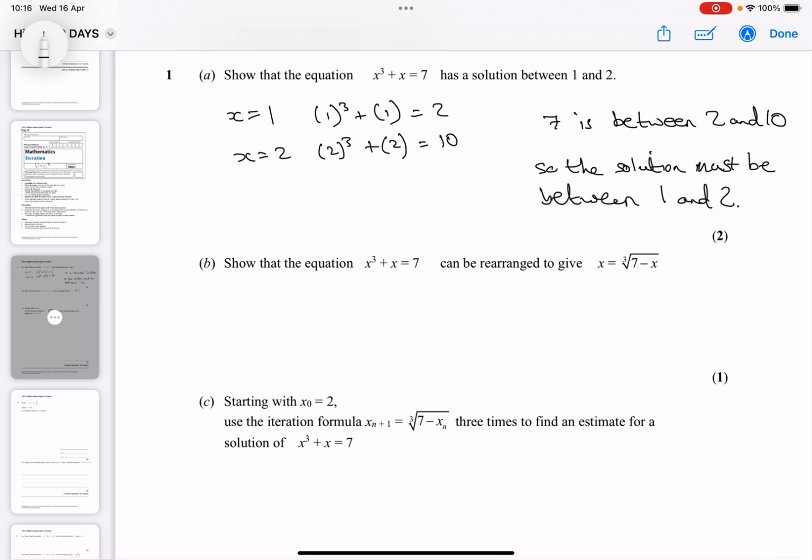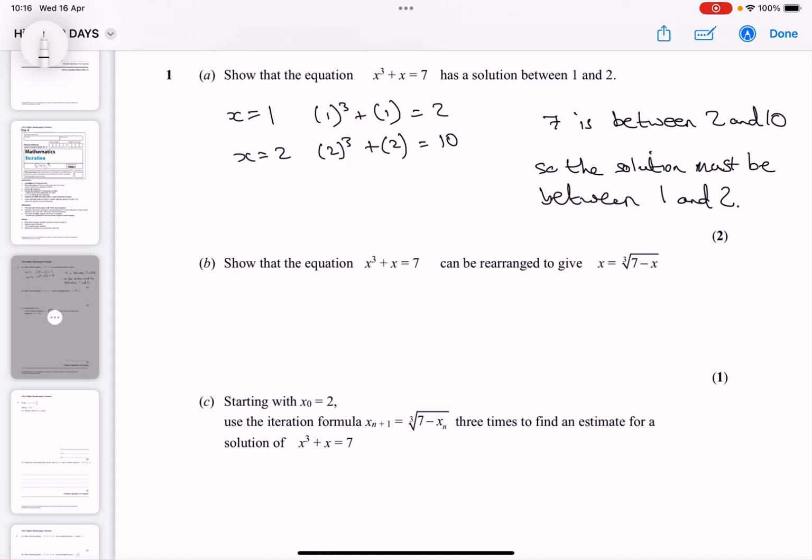I've written those words. I would say that is a pretty standard type answer. I know sometimes in the mark schemes they talk about the change in sign, but in this case there isn't a change in sign. So I would say that's a reasonable type answer you could always use.